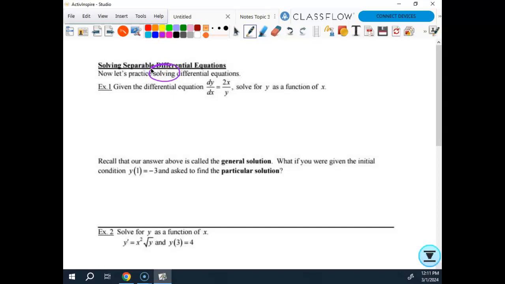So we're going to start by taking what we have here and separating it. I'm going to give you a minute. Go ahead, like over here, I'll go ahead and multiply by dx. dy equals 2x over y dx, right? Then what would I do next?